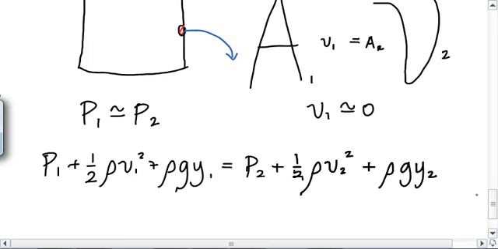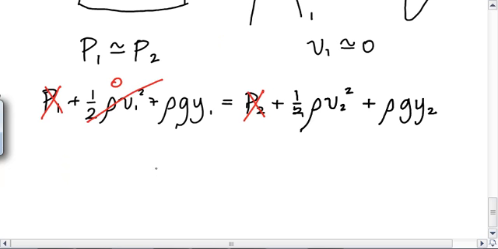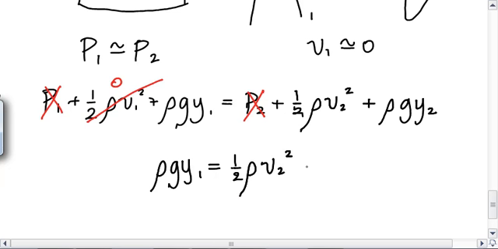We put that together, P1 and P2 are the same, so when I subtract P1 from both sides, it's a wash. They're the same, right? And then what about V1? V1 was approximately 0, so doesn't that term become 0? All right, so that leaves me with rho g y1 is equal to 1/2 rho V2 squared plus rho g y2.